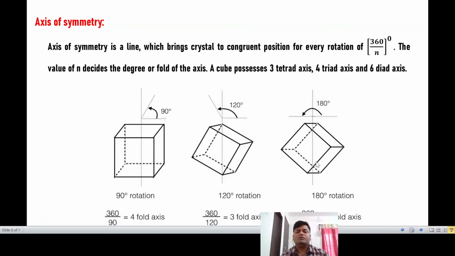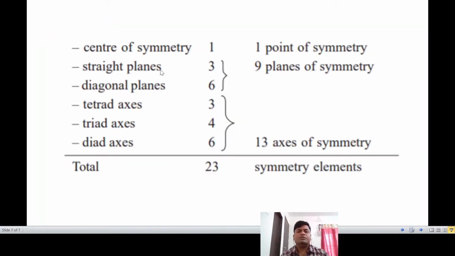As we know, there are totally 12 edges, so six diad axes can be drawn for different pairs of edges. So there are three tetrad axes, four triad axes, and six diad axes in the cubic crystal system, as shown here.